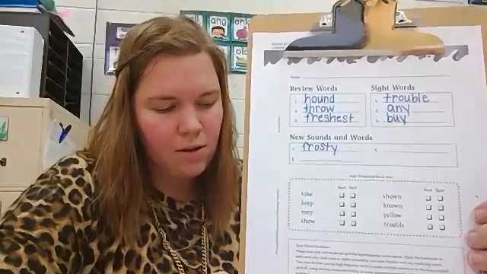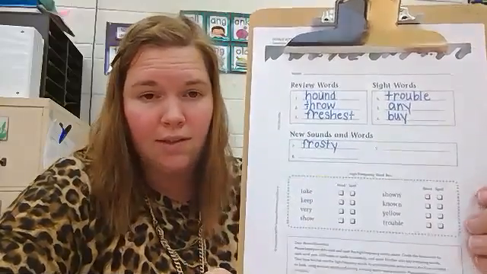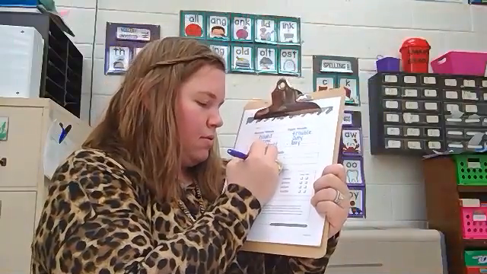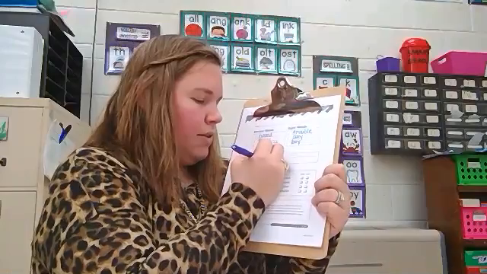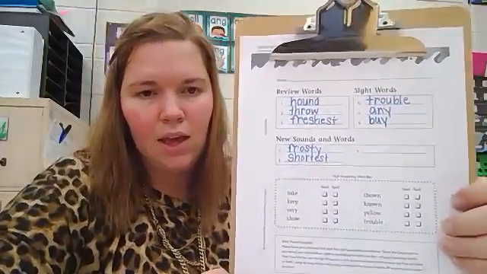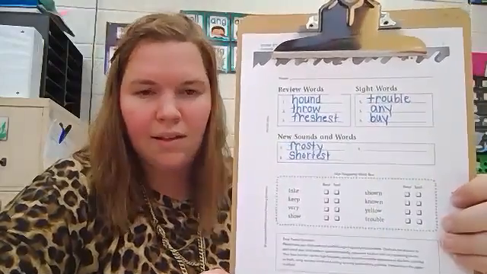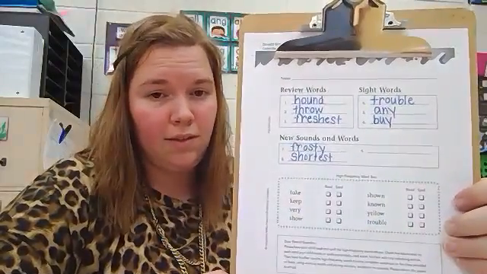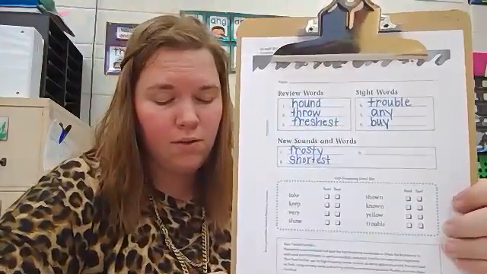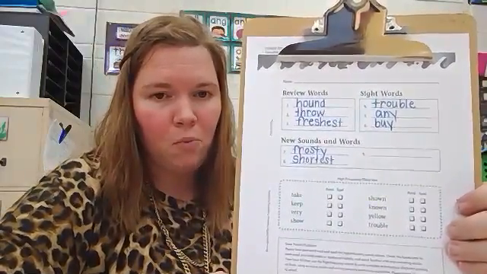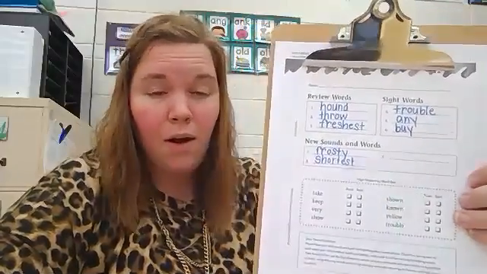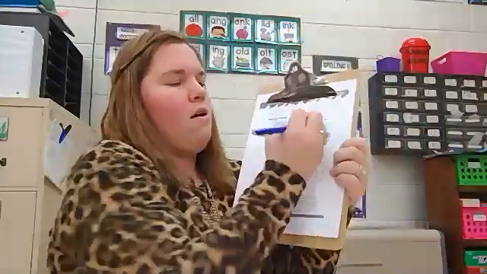Number 8, let's spell the word shortest. Shortest. This is the most short when you're comparing 3 or more things. And number 9, let's spell the word farmer. Farmer.